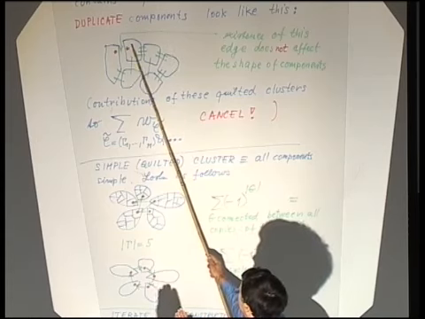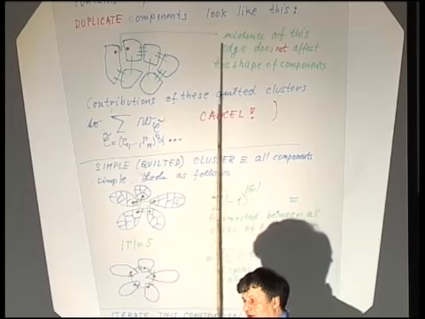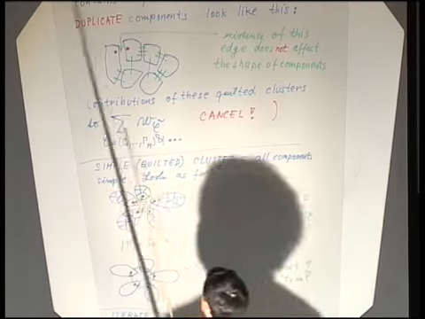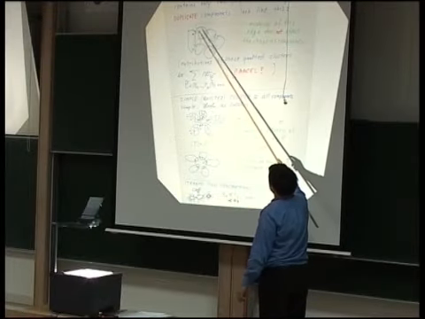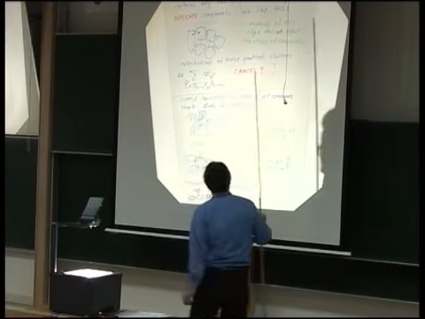That is, you have two terms which exactly cancel each other. So if you look a little bit more carefully, the summation over clusters containing components like this disappears. They are cancelled exactly.